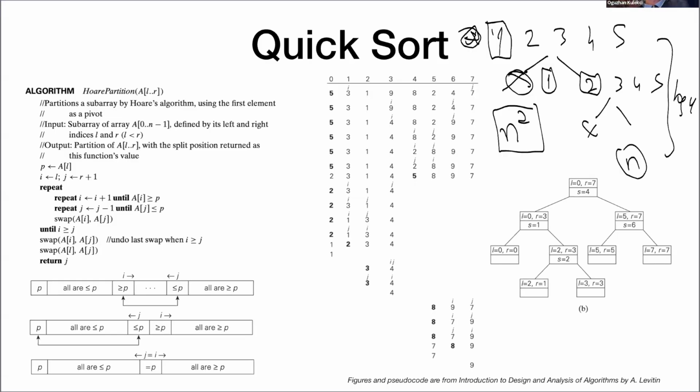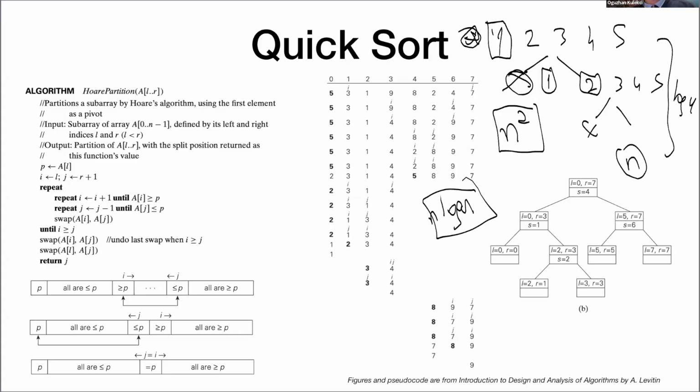With randomized quicksort, the selection of the pivot element is the result of a randomized operation. Then you can prove that the expected, again, we cannot say the worst case, but the expected time complexity of quicksort becomes n log n.